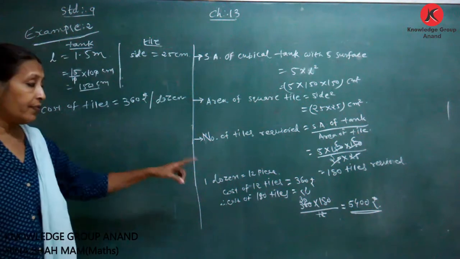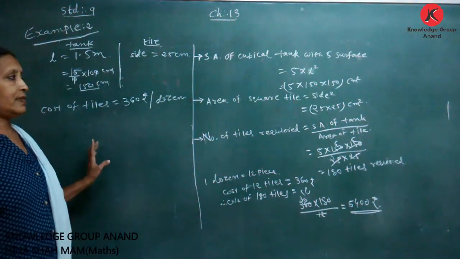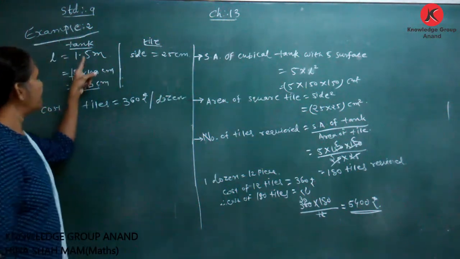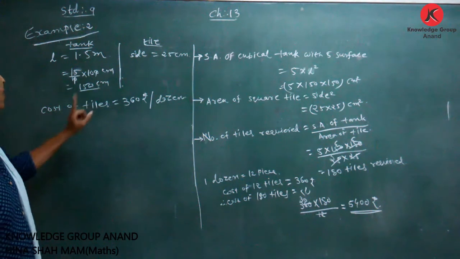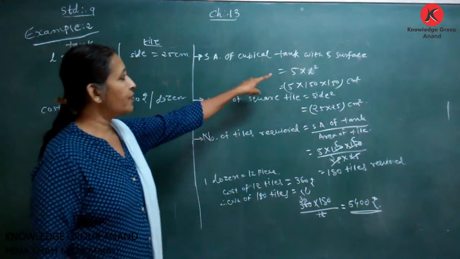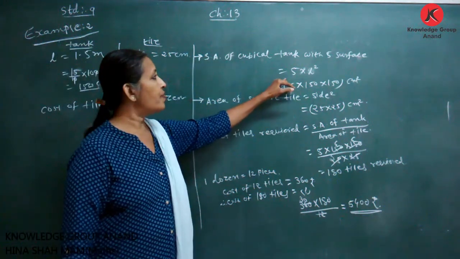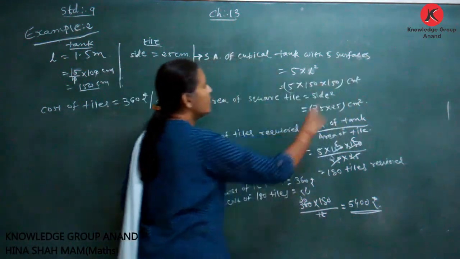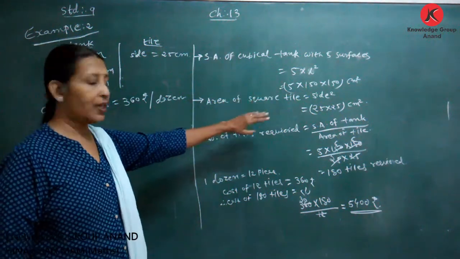So Hami spends 5400 rupees for tiles. Again this question: first we convert meter into centimeter. Now first we find the surface area of the cubical tent with 5 sides, which is 5 into 150 into 150.